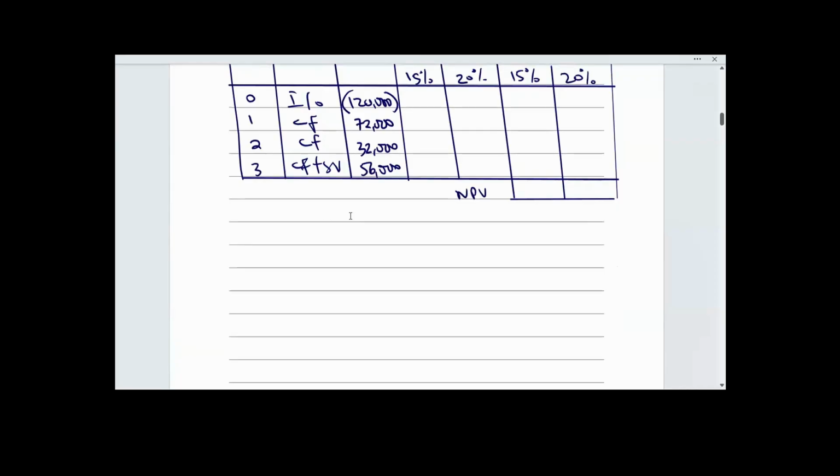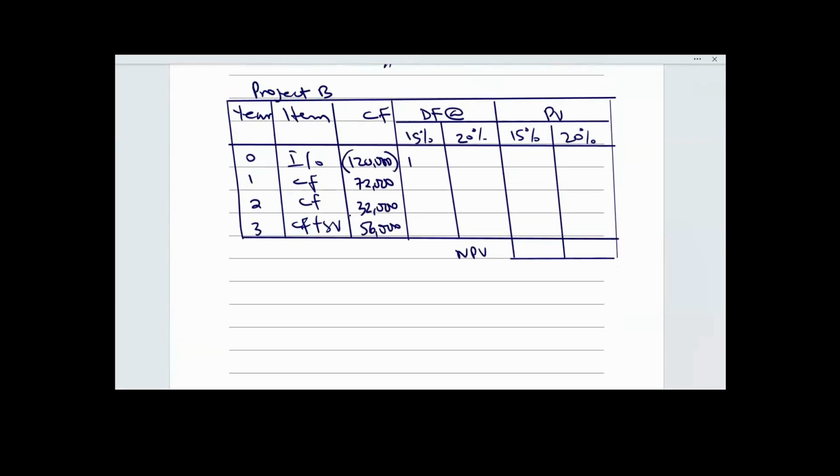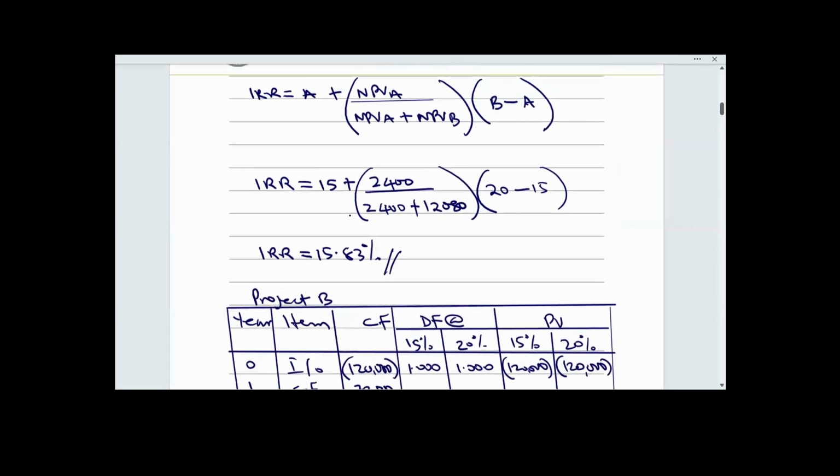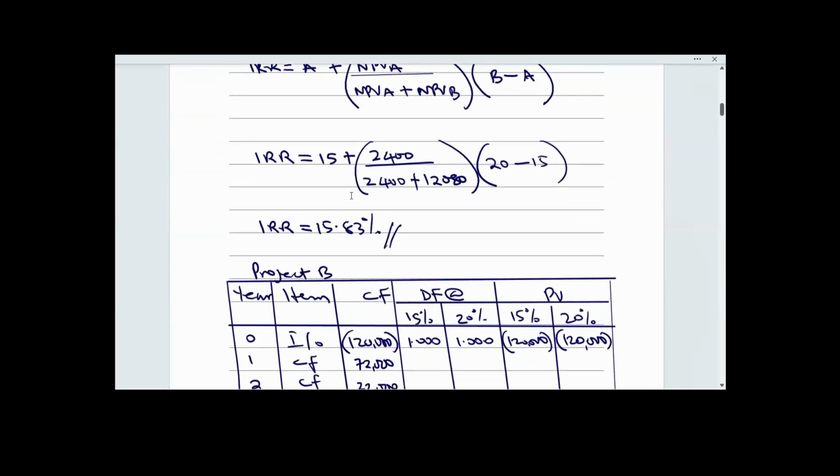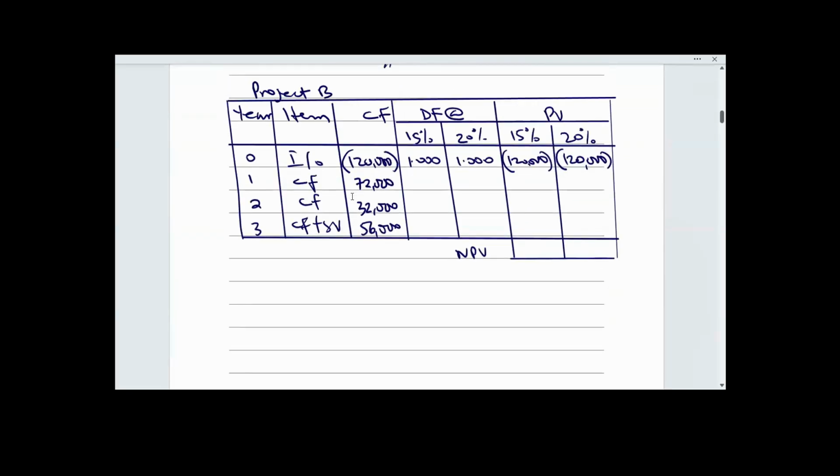Now, here will be 1. Here is also 1. 120,000. We calculated the discount factor for year 1 to be 0.870 at 15%. Year 2 is 0.756.